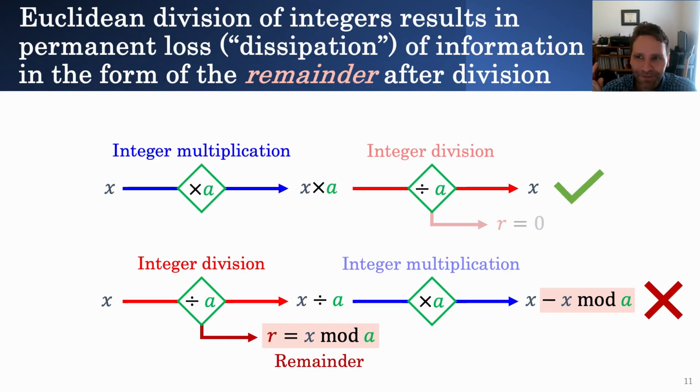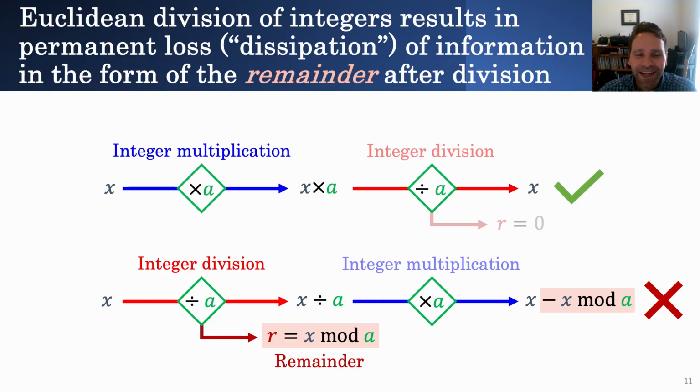However, division is not a reversible operation, and not just any old division, Euclidean division, or integer division, which is typical in most implementations of computing languages like C++ or Python, all the stuff that you're probably familiar with. Integer division involves dividing some integer x by another integer a, such that I also incur some remainder after division, r, which is nothing more than x modulo a.